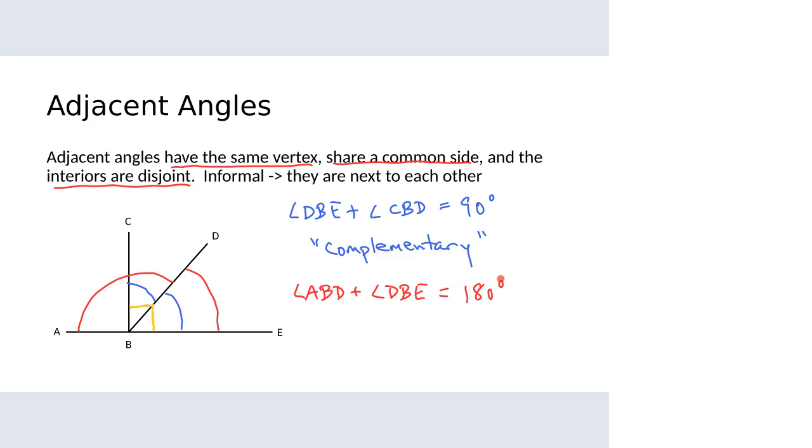And if I have two angles that I add together to make 180 degrees, we have a name for that. Those are called supplementary. Two angles are supplementary if they add to 180 degrees.